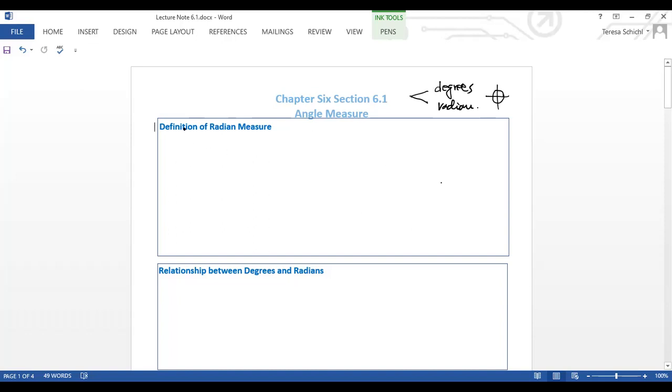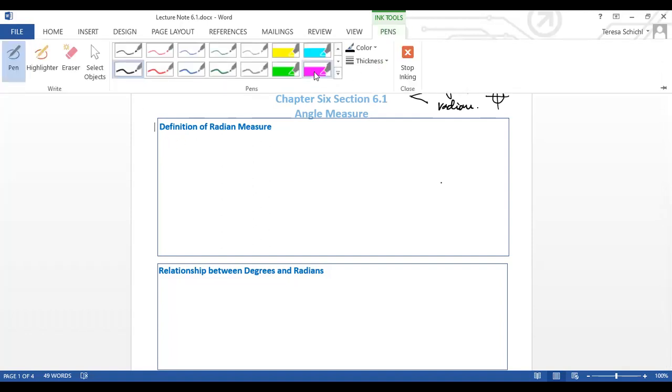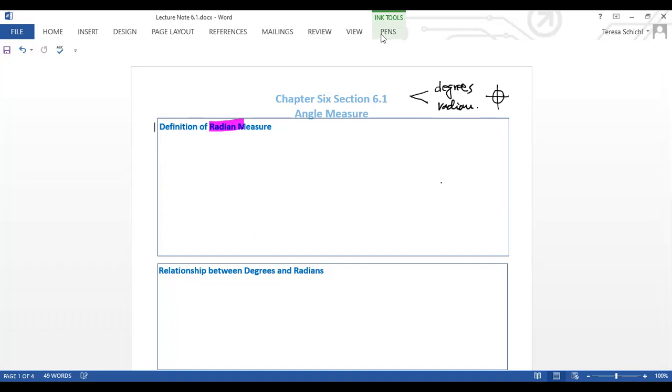First let me write out the definition of radian measure, and then we will look at it from an intuitive point of view.